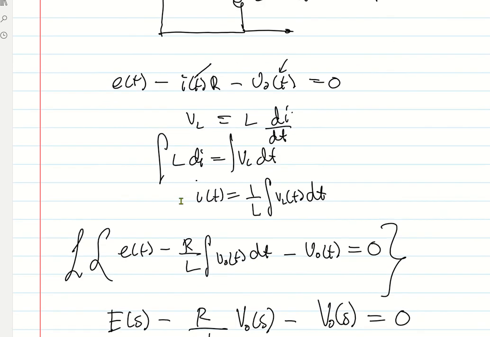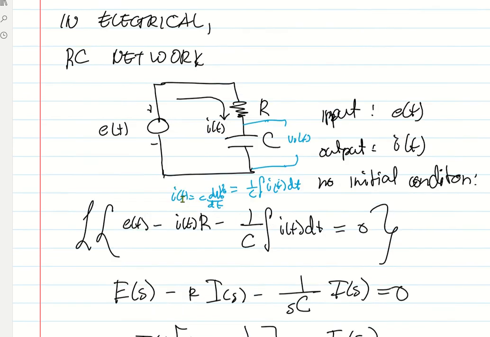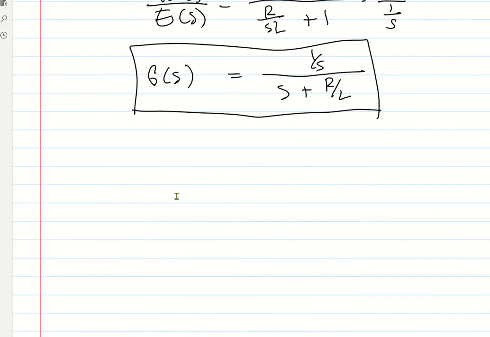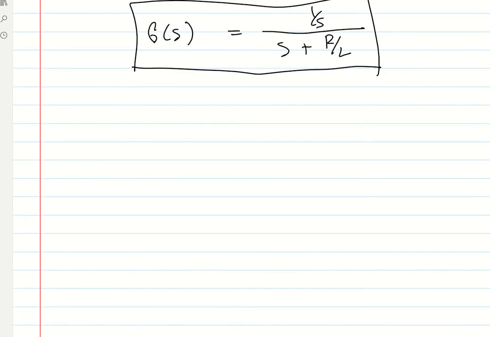Okay, so this is for a first order system in electrical circuits. How about in mechanical? What's an example of a first order system in a mechanical system? There are many examples for this. We can have the temperature, the transfer of temperature from one form to another.